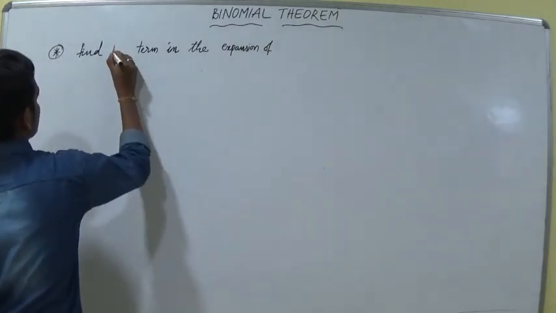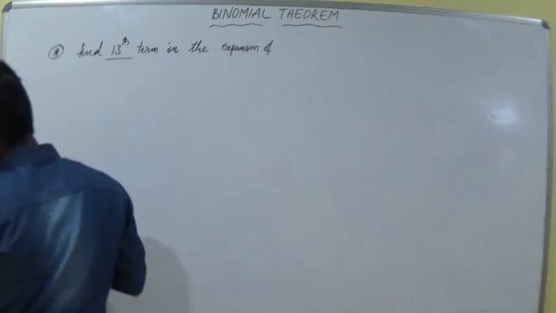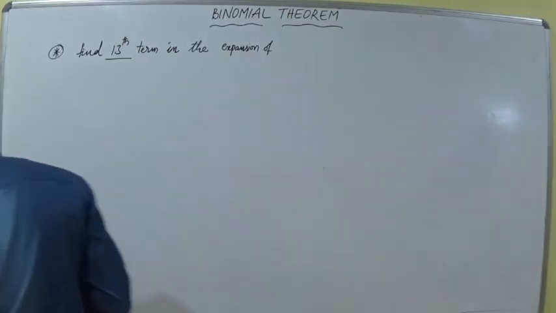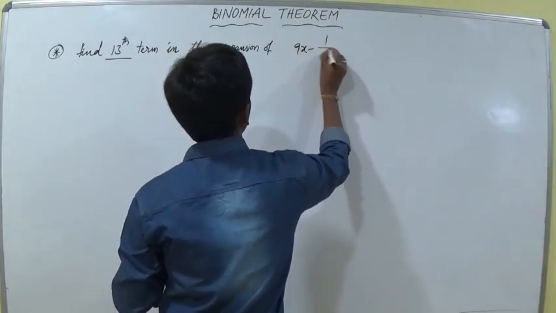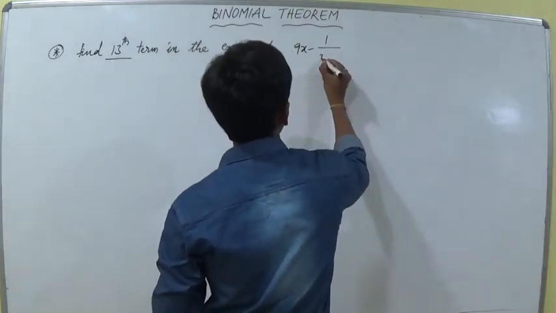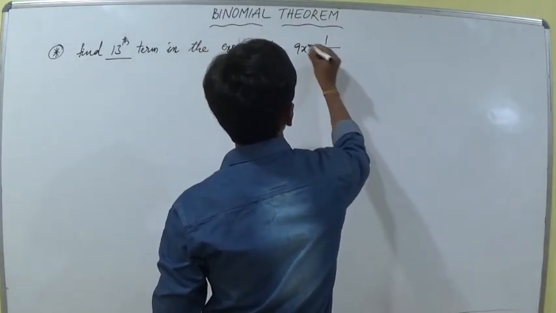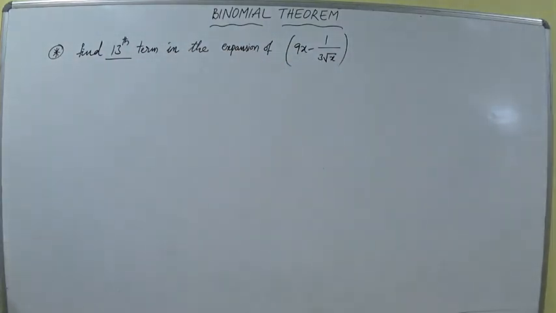They are asking the 13th term in the expansion of (9x minus 1 by 3 root x) whole to the power of 18.